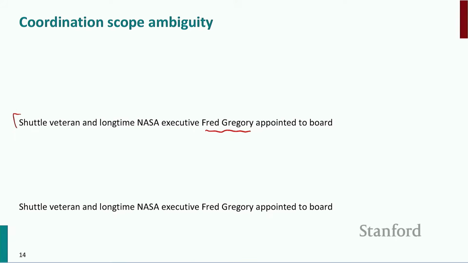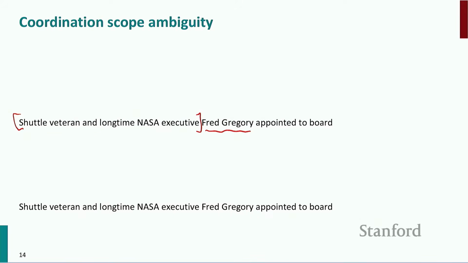A different one you get is coordination scope ambiguity. Shuttle veteran and longtime NASA executive Fred Gregory appointed to board. How is this sentence ambiguous? It can mean 2 people or 1 person. So there can either be one person, Fred Gregory, and they're both a shuttle veteran and a NASA executive.